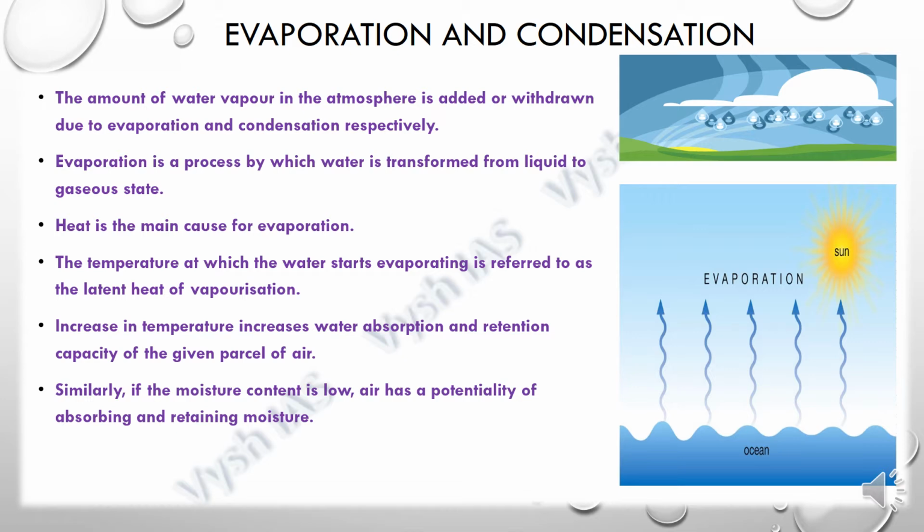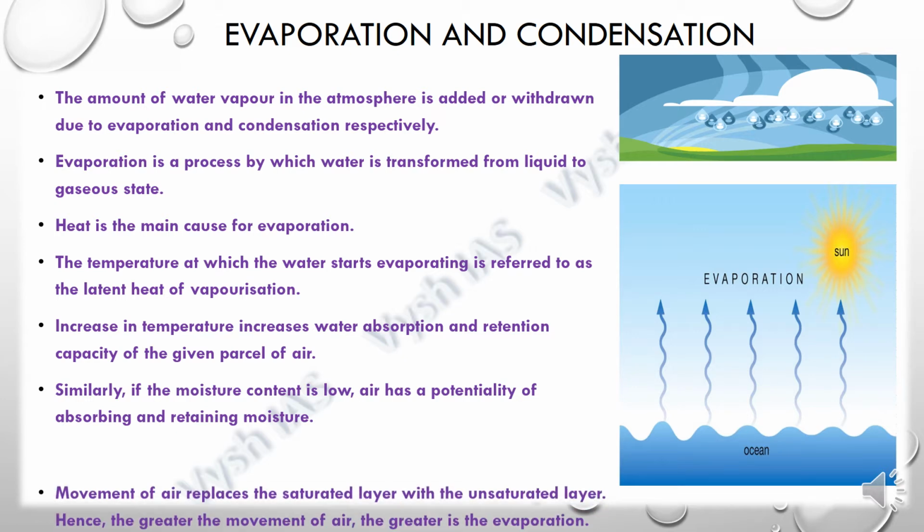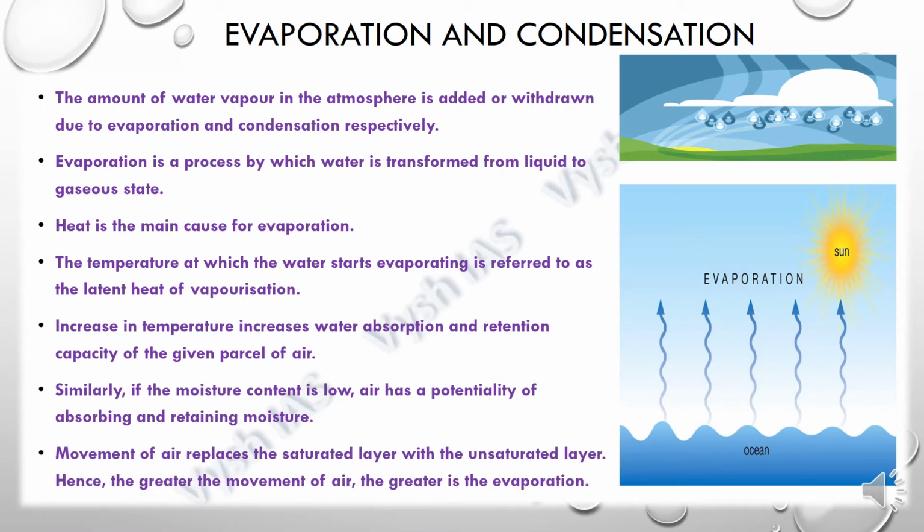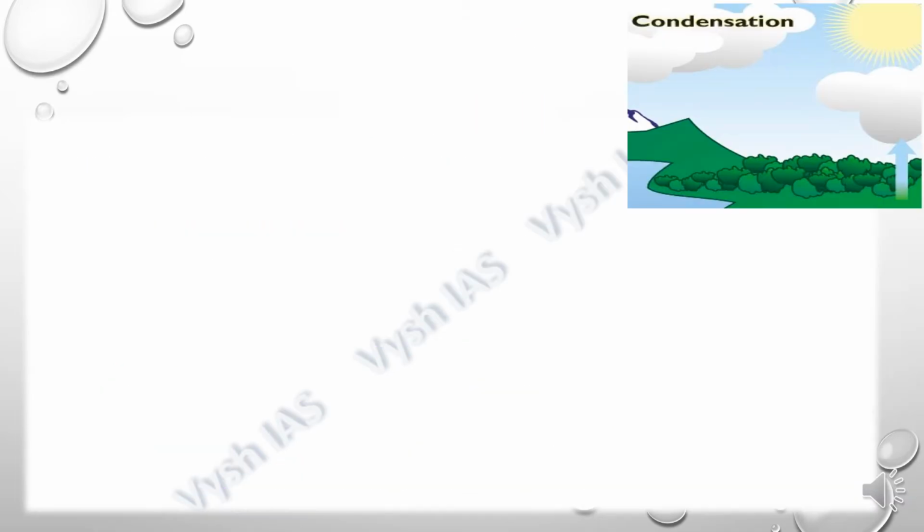Similarly, if the moisture content is low, the air has a potentiality of absorbing and retaining moisture. Movement of air will replace the saturated layer with the unsaturated layer, and hence the greater the movement of the air, the greater the evaporation.